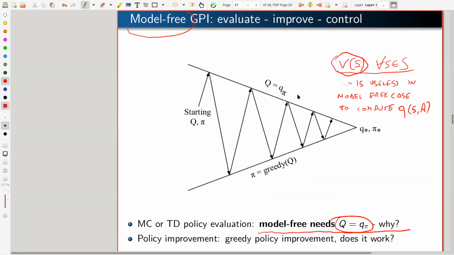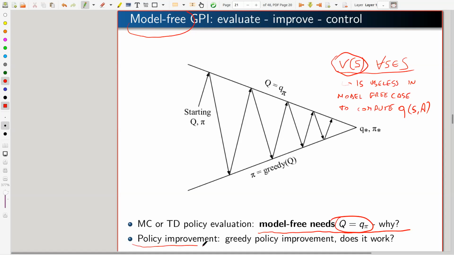So the prediction part works exactly the same, but remember that from now on, the prediction part is about the Q value. We're not going to use the state value anymore for a long time now. Okay? And then we are asking ourselves, in the next step of the policy iteration framework that we were following 2 days ago, if the greedy policy improvement is working.